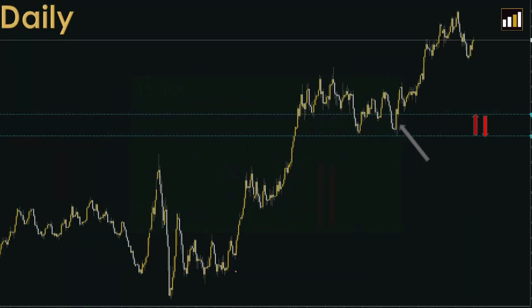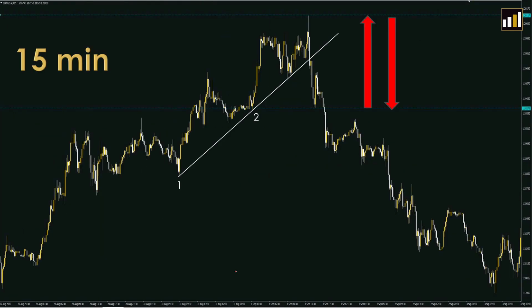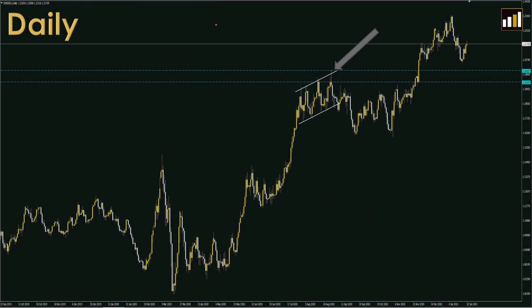So just to go back to make sure you are getting this. This is your wick. This is your area on the chart that you are looking at. If I go even further back, this is the area. So you know what you are looking for.